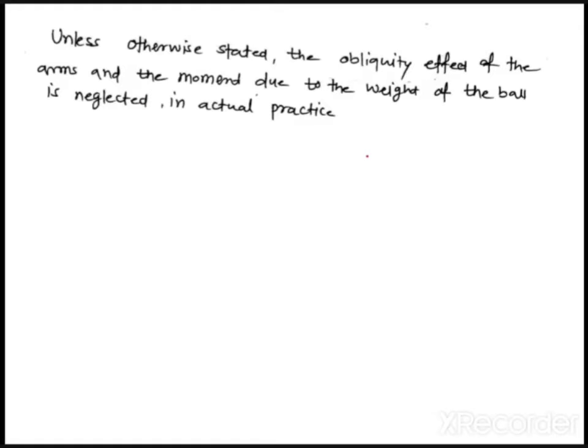This means when you are solving a problem, if they mention neglect the obliquity effect, you will neglect. If they mention consider the obliquity effect, you will consider. But if they do not mention anything, we will neglect the obliquity effect because that makes the problem easy.